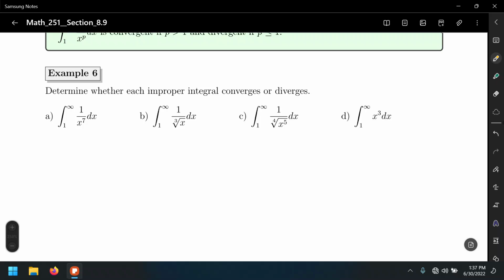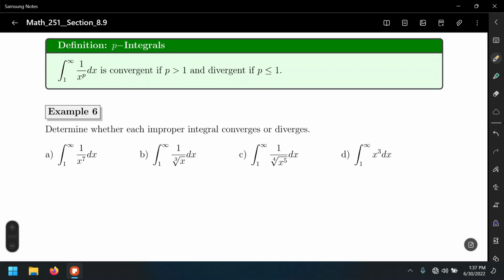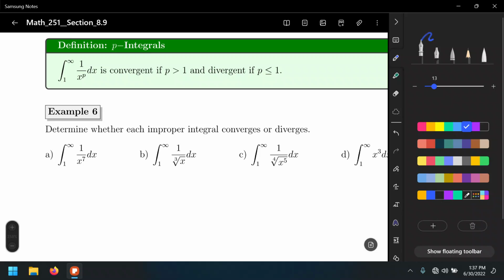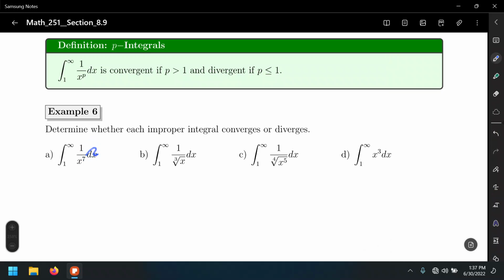So let's have a look at these ones right here. Observing this integral, the limits of integration don't really matter. So we can observe that p equals 7. Is 7 greater than 1 or less than or equal to 1? Converges or diverges? Converges. That's all.